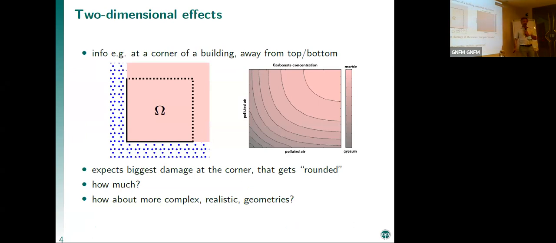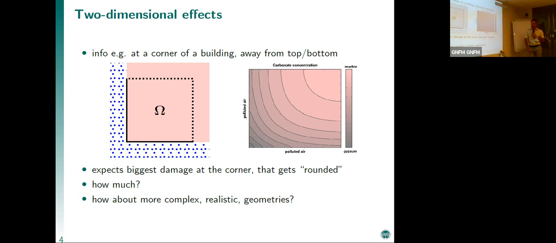If you are at the corner of a building, then you have two possible directions of penetration of the gas. So it's clear that in the corner, the quantity of gypsum that will form will be higher than further away, where the surface is completely flat.